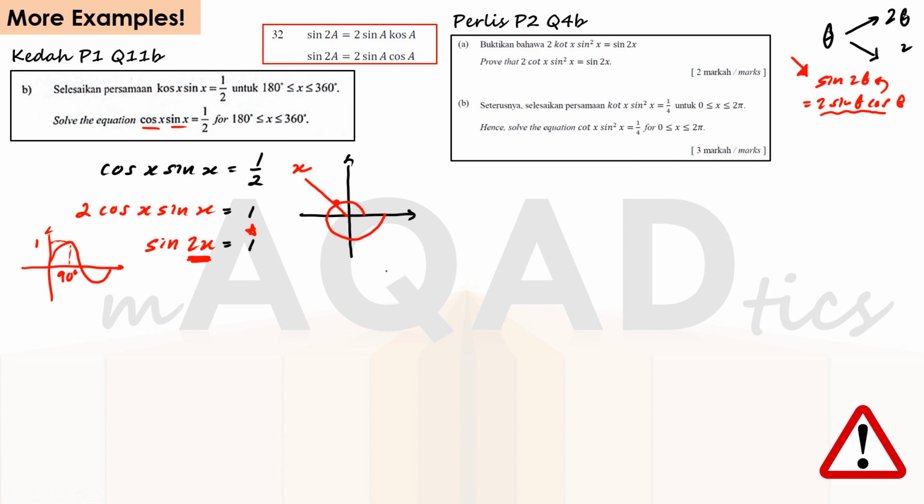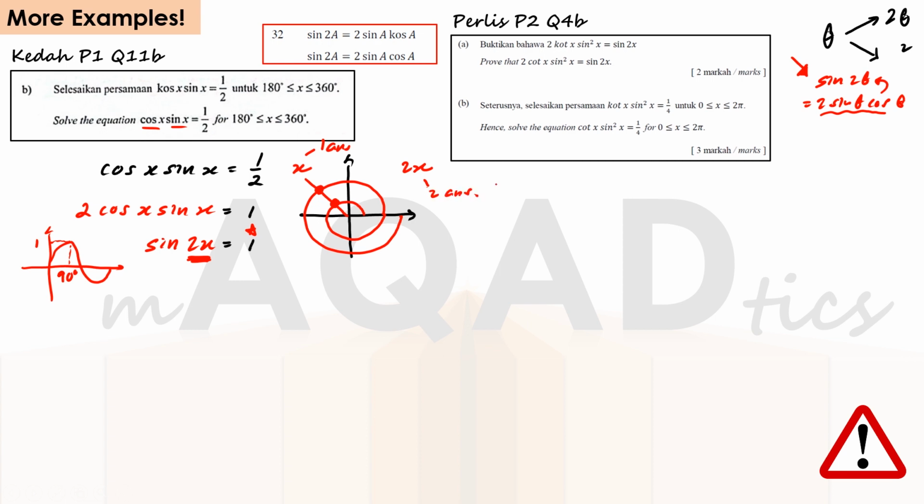If it's 2x, it means I need to do another cycle, and you can see that the line now intersects 2 points, which means we need to have 2 answers. So if x has only one answer, 2x needs 2 answers.